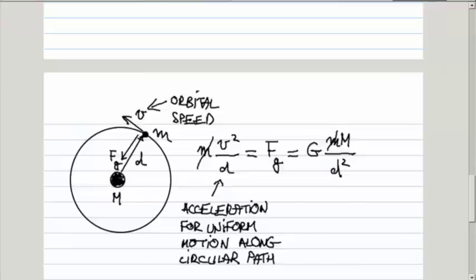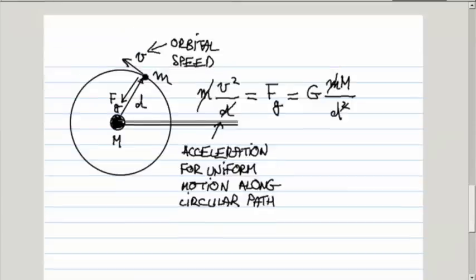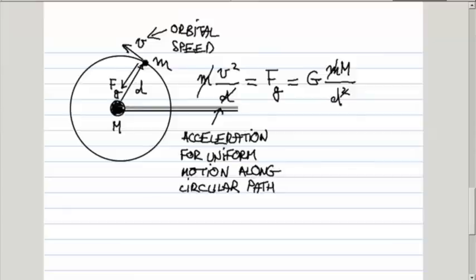I can multiply both sides by 1 power of d, which will eventually remove d from the left-hand side and reduce this power of 2 to 1. And then I can solve this to get the mass of the central object, right? And I get that the mass of the central object is given by a product of the distance between the two objects and the orbital speed squared, over the gravitational constant.